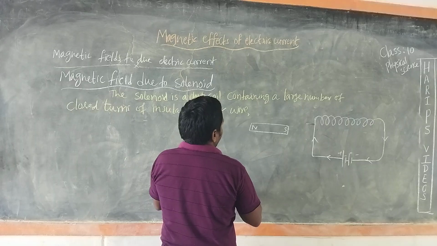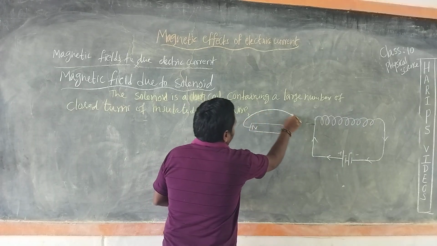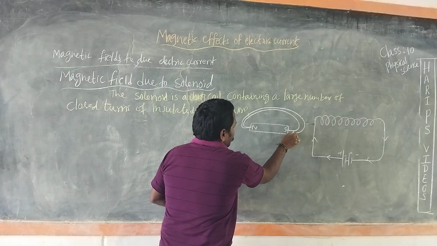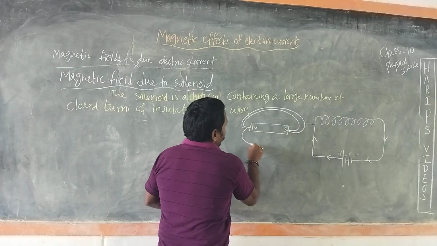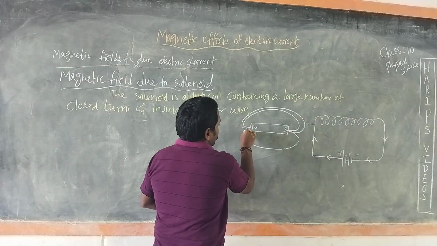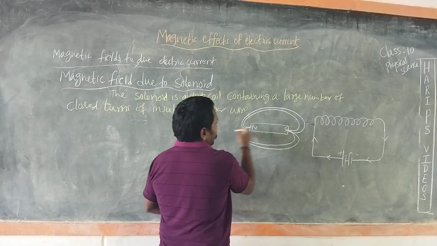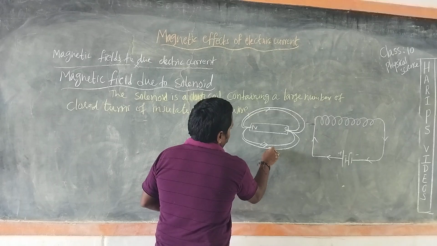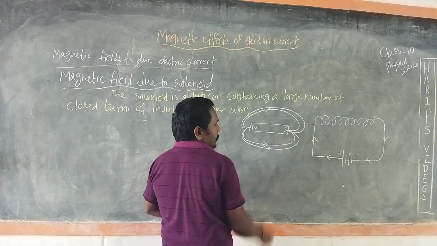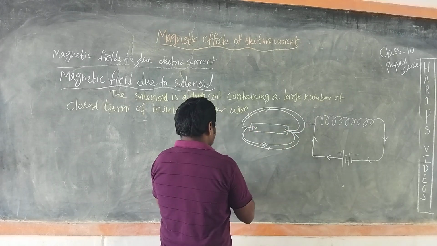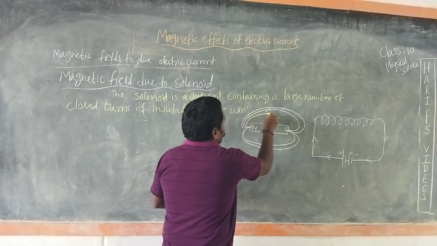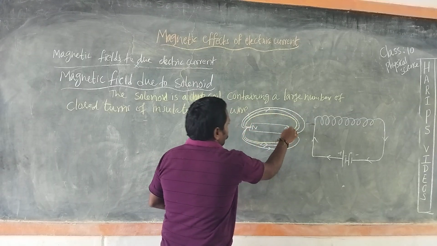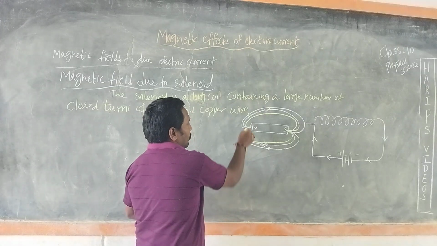It emerges from the north pole and enters into the south pole. So as we know already, this is the magnetic field formed by a bar magnet.